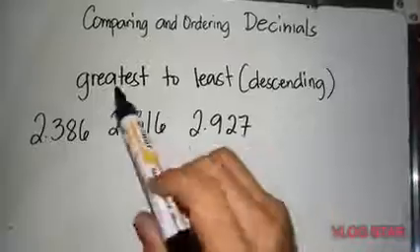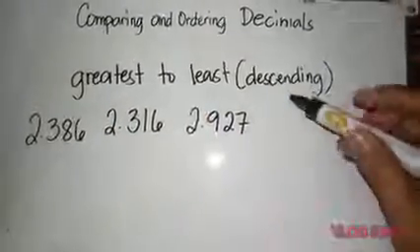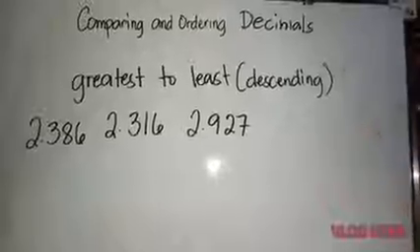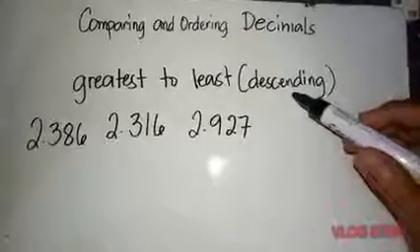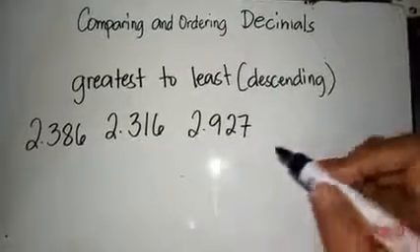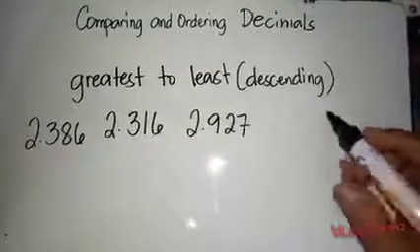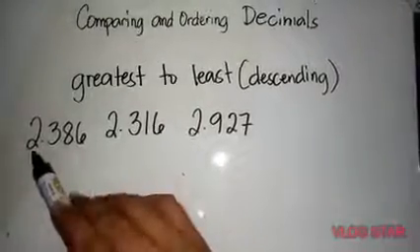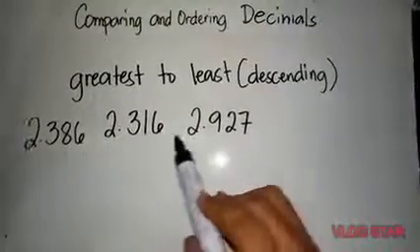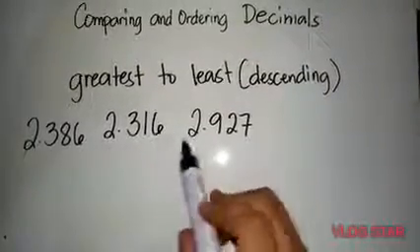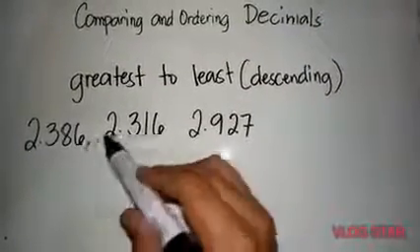So now let's proceed to greatest to least, or what we call descending order. We will start the list with the greatest number, then down to the least number. Since they have whole numbers, we need to compare first the whole numbers of these three.